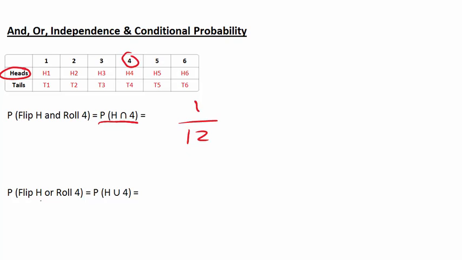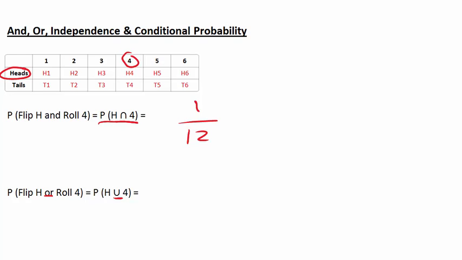Now, for the probability of flipping heads or rolling a 4, and again, catch the math notation of this, or remember has a different mathematical meaning than it does in common English usage. In the English language, or tends to force you to choose one thing or another, but not both.